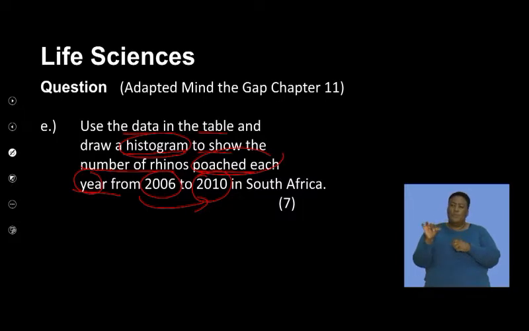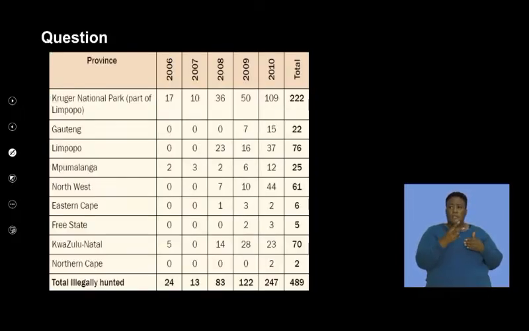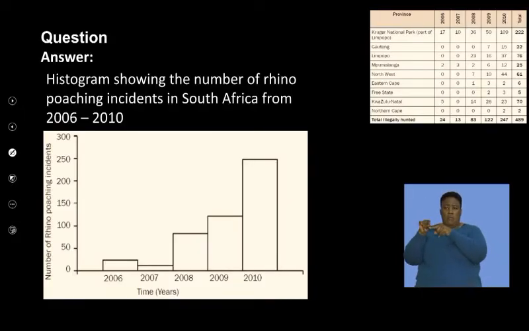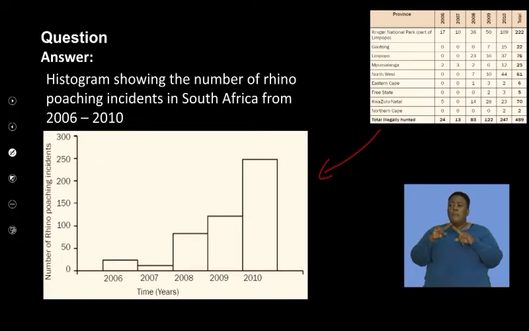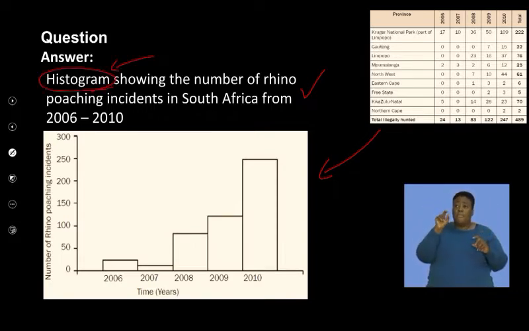So if we go back to that graph, we've got to look at these values, and I'm going to keep my graph up here. I've plotted the graph for you, but I want to show you the mark allocation for this. It's important that we first give the graph a heading. This is a histogram, and I'll remind you that a histogram is a bar graph with no spaces.